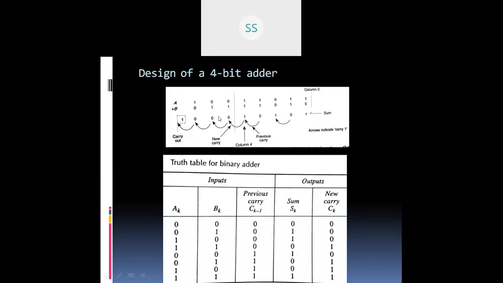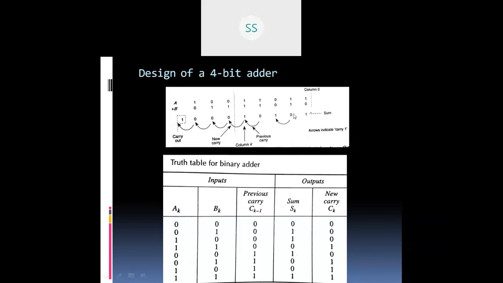Now this particular picture shows, when two numbers A and B are added, how the sum and carry are generated and how this carry is further propagated. You can consider this as column 0, column 1, column 2, and this is the kth column. First this column is added: 1 0 1, sum is 1, carry is 0.